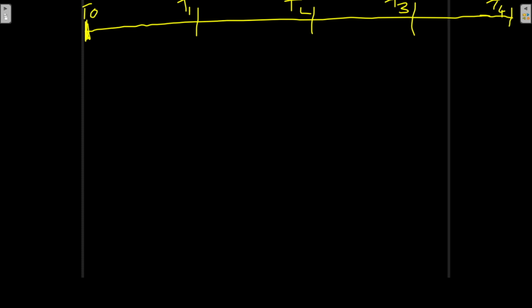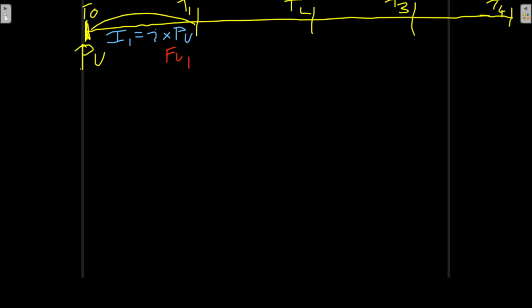Okay, so we start out with the present value, and then we earn interest in the first year. So interest 1 will be the interest rate times the present value. And then we get the future value at time point 1.